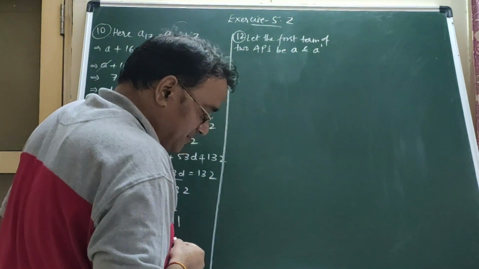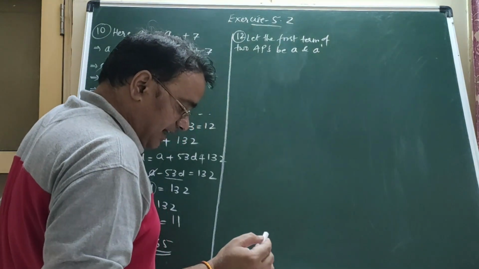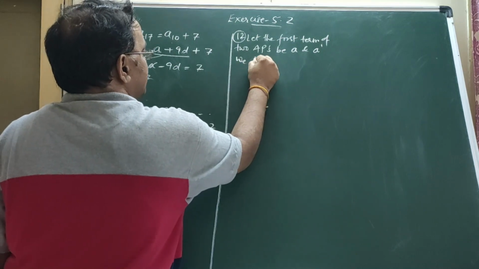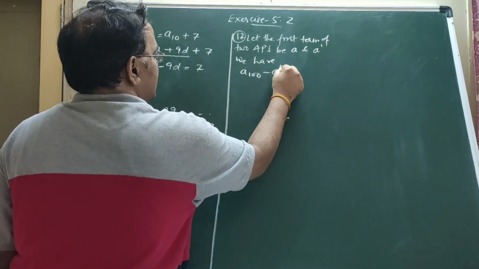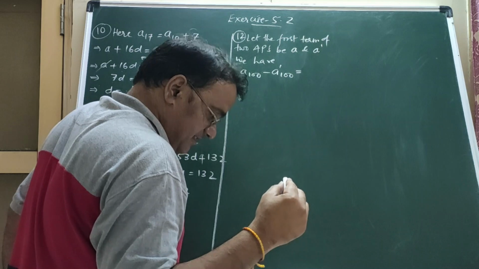So 100th टर्म क्या होगा, क्योंकि क्वेश्चन में दिया हुआ है डिफरेंस बिटवीन देयर 100th टर्म. So we have a100 minus a dash 100 is equals to difference is 100.